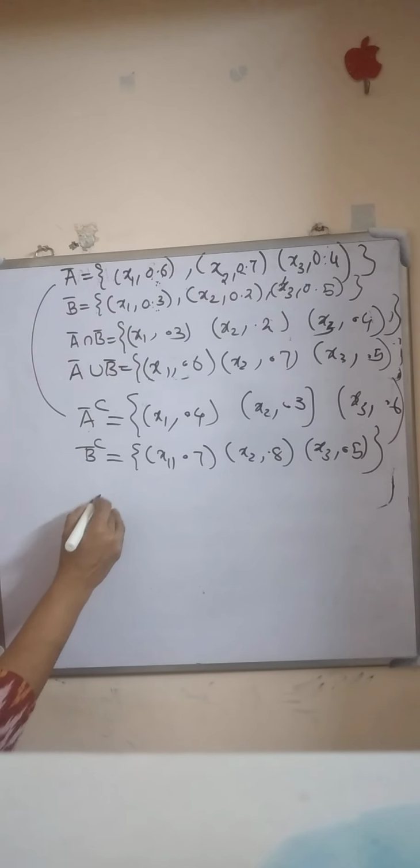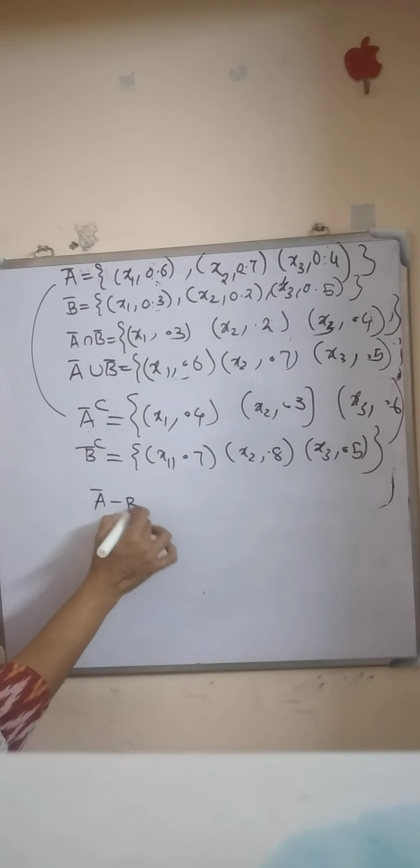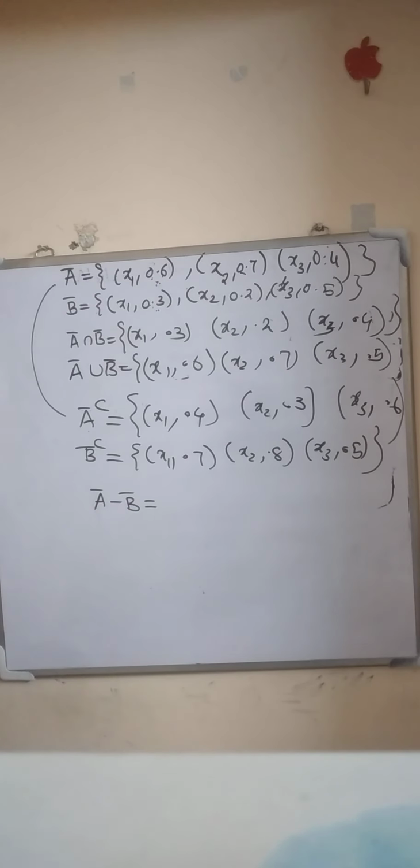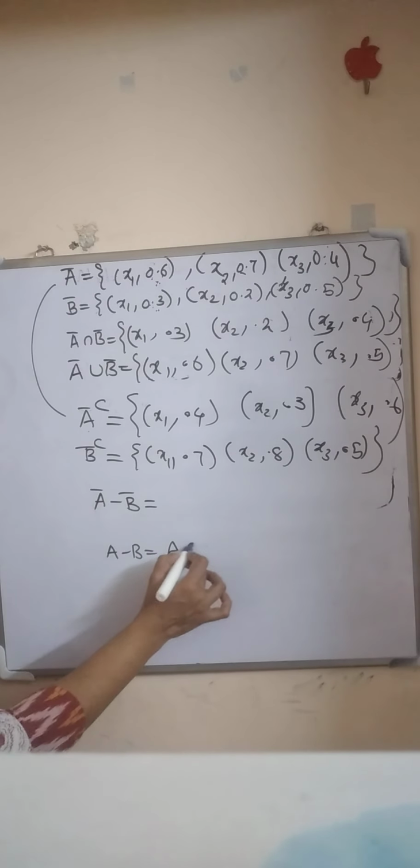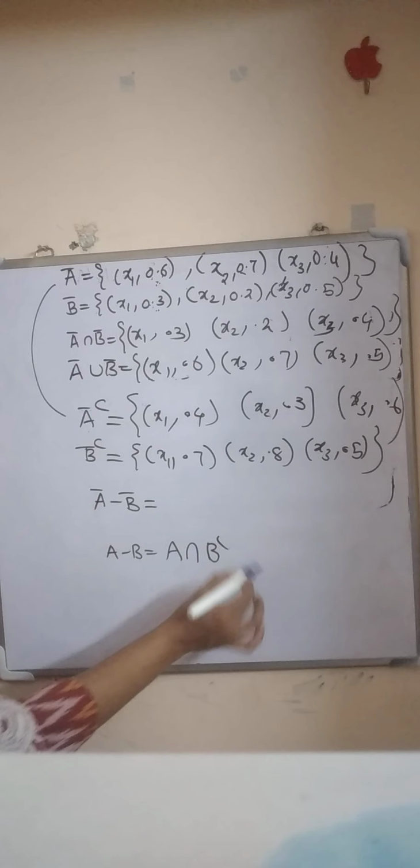Then what is A bar difference B bar? A bar difference B bar equals, we know that in the case of a crisp set, what is A difference B? That is A intersection B complement.